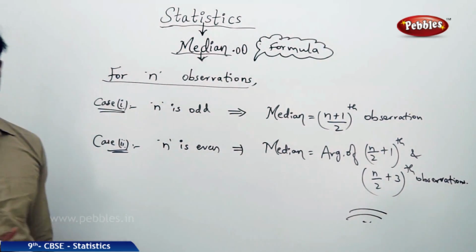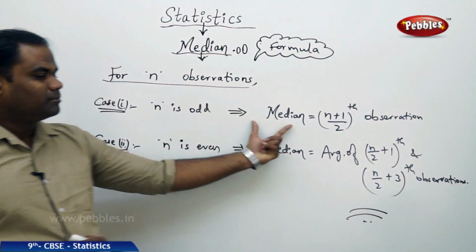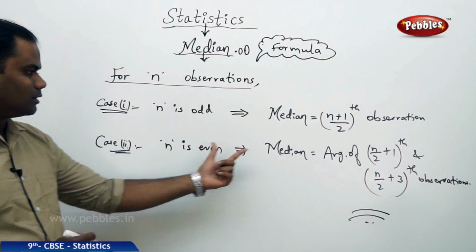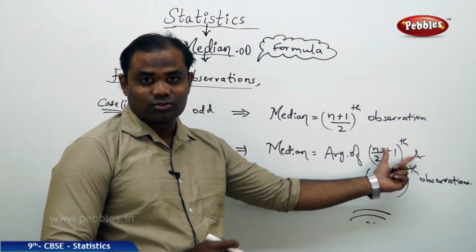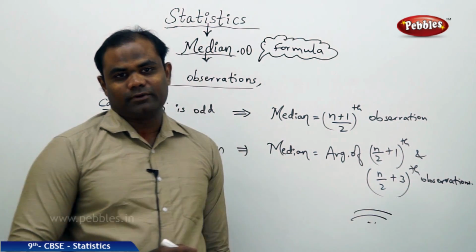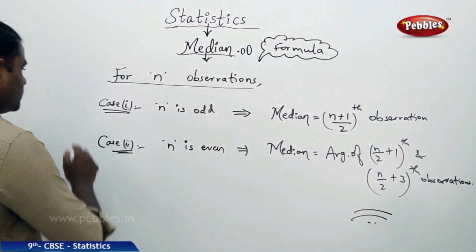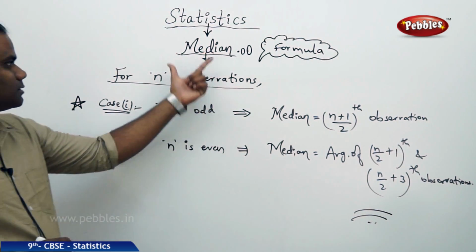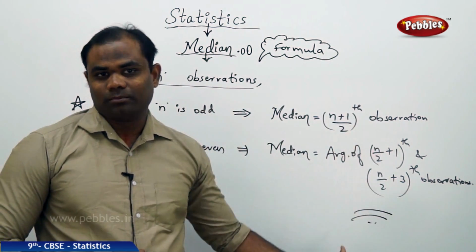This is how we understand. N odd, median is the n plus 1 by 2th observation. N even, median is the average of the n by 2 plus 1th observation and the n by 2 plus 3th observation. This is how we understand the 2 basic formulae for median with n observations.